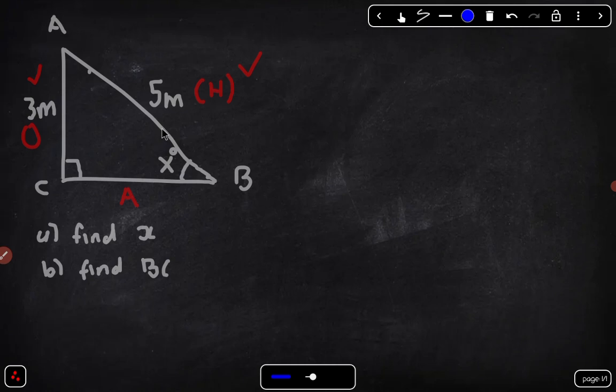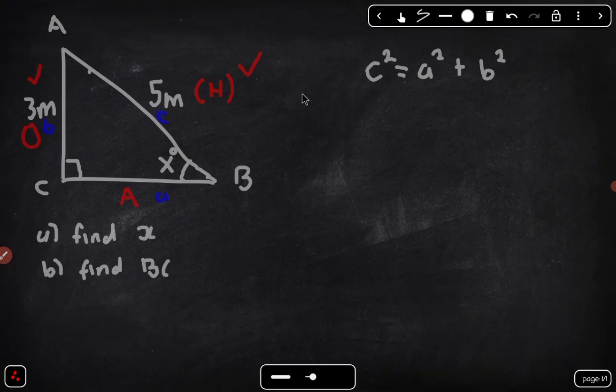This is C, this is B, and this small letter is A. In your Pythagoras theorem, you need to start with your hypotenuse, which is C. So you write C squared is equal to A squared plus B squared.